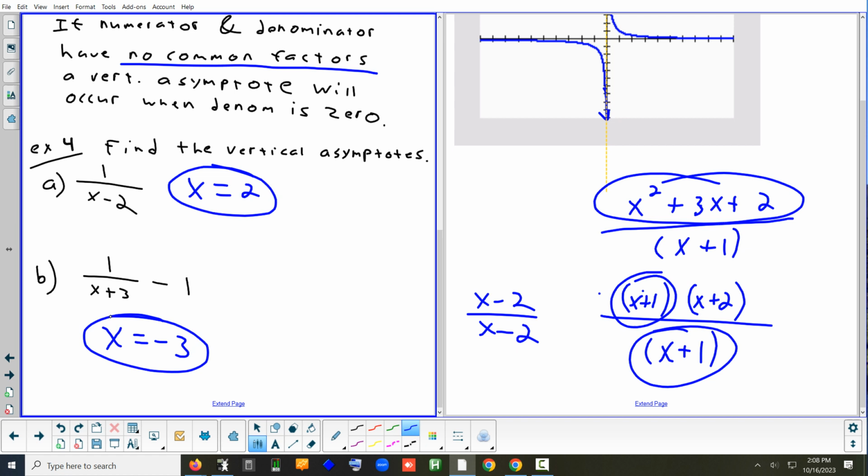Now, what if I changed the problem to this? What would be the vertical asymptote now? X equals -3. It's still x equals -3. This number is what controls the vertical asymptote. This number controls the horizontal asymptote. So each number does something separate.